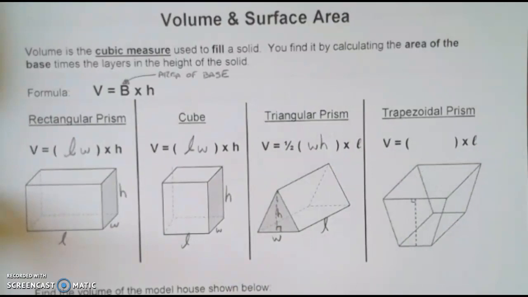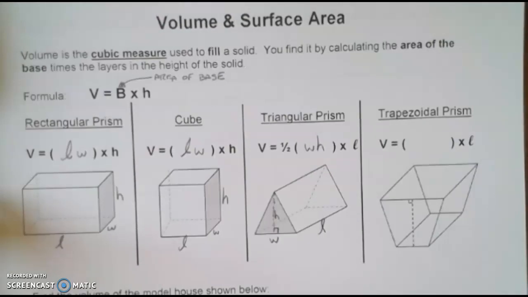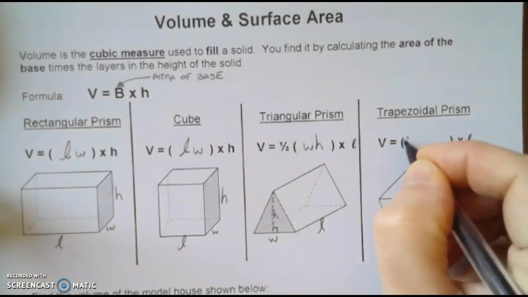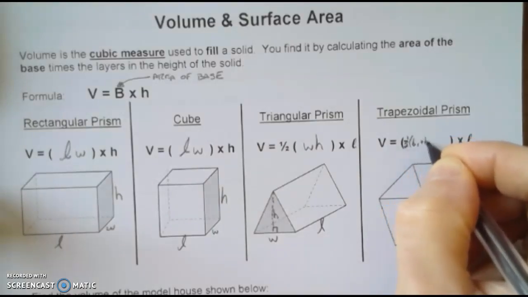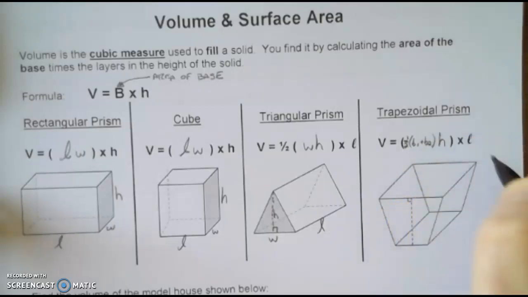So the width times the height times the length, and then 1/2 of that is the volume of a triangular prism. For a trapezoidal prism, again, it's going to be very similar. We're going to have to find the area of the base, which is going to be these trapezoid figures here. Remember, to find the area of a trapezoid, you have to do 1/2 times base 1 plus base 2 times the height, and then multiply by the length.